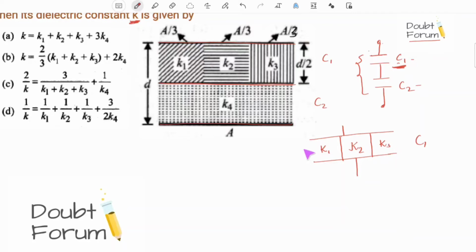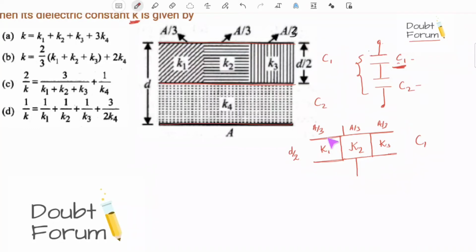The distance between these two plates is d by 2, because the total distance was d, and d by 2 is the distance between the first plate and this imaginary plate. The area of the section with dielectric constant K1 is A by 3. The middle area, with dielectric constant K2, is also A by 3. And the third area, filled with dielectric constant K3, is also A by 3.